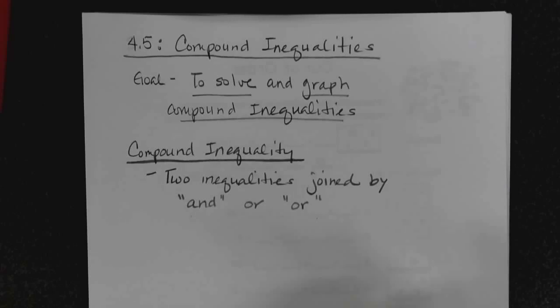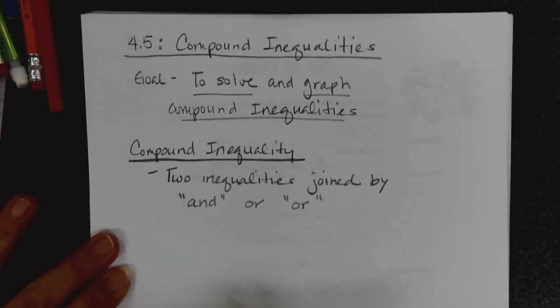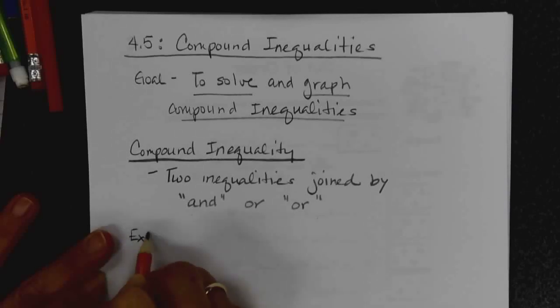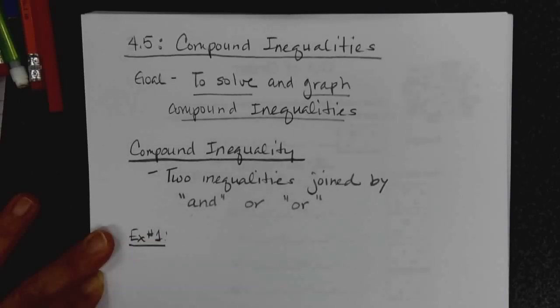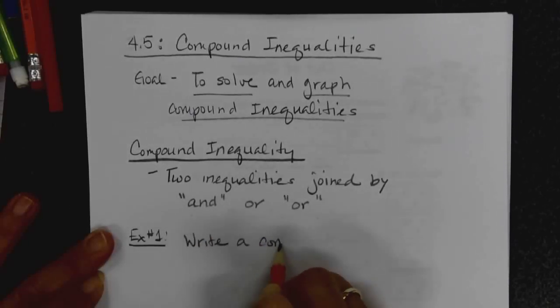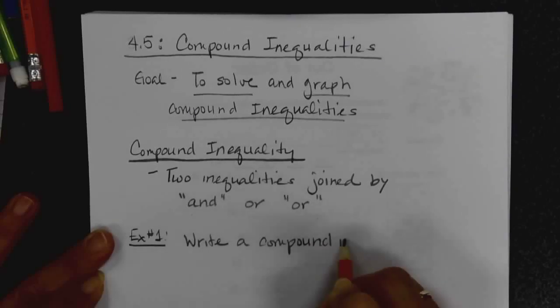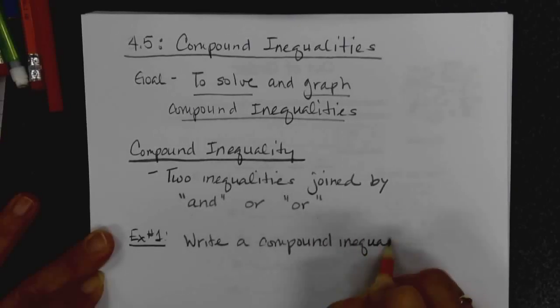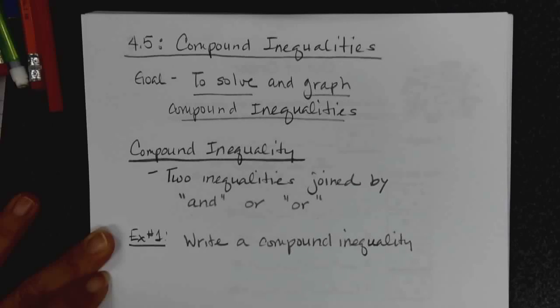Okay. So let's start with an example of a compound inequality. This is example number 1. It says to write a compound inequality for the situation, and then to graph.